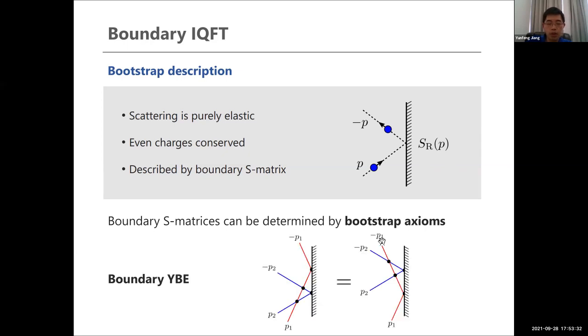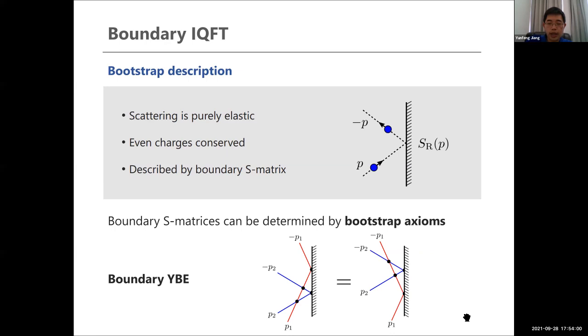For example, we have the boundary Yang-Baxter equation. Here again, each blue dot in the bulk is the bulk S matrix, and each black dot at the boundary is the boundary S matrix. So this is an equation involving two bulk S matrices and also two boundary S matrices. This is a boundary version of the Yang-Baxter equation.